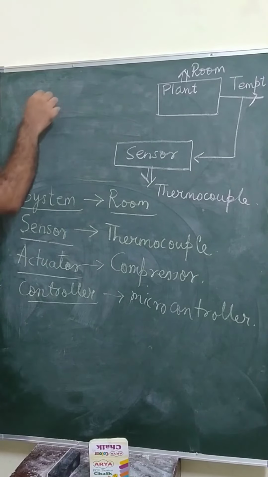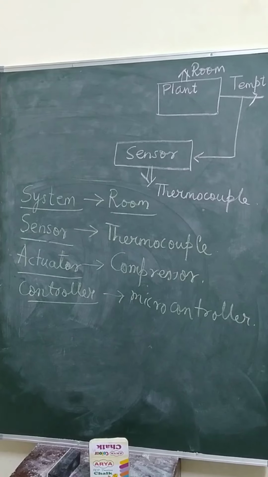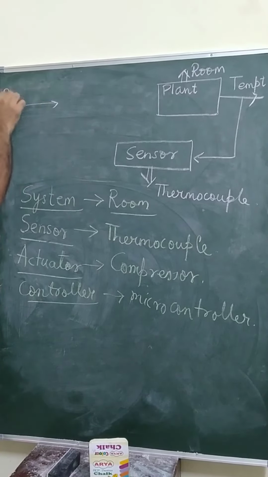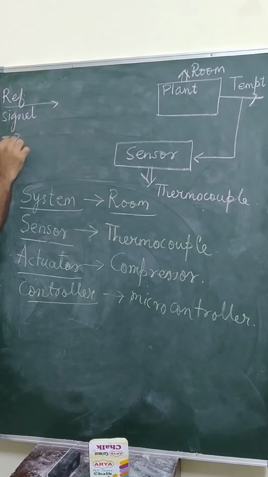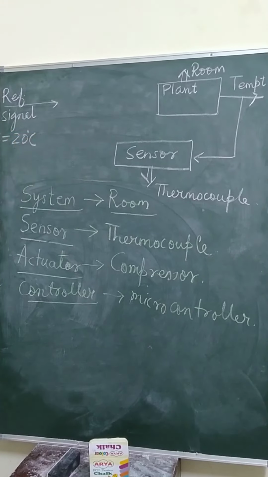Then what was the other part? There was comparison. But what would you compare it with? So you need to have a reference. What was the reference? We said that we want the temperature inside the room to be equal to 20 degrees centigrade.